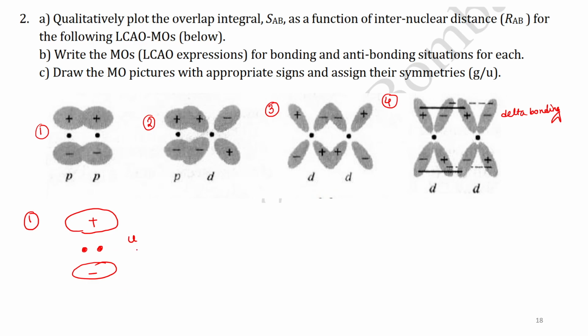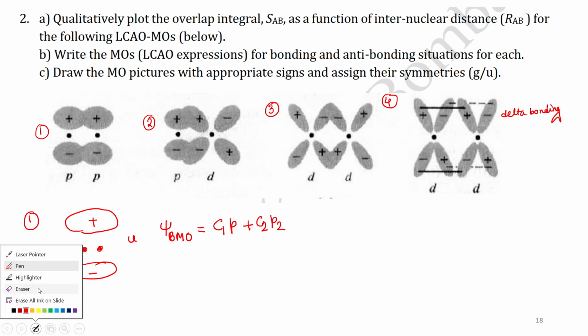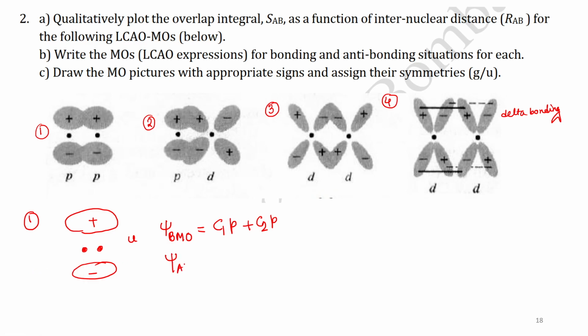This is the bonding, so psi BMO, the bonding molecular orbital, is C1 p plus C2 p, and the anti-bonding molecular orbital, ABMO, will have the same coefficients, C1 p minus C2 p. Okay.